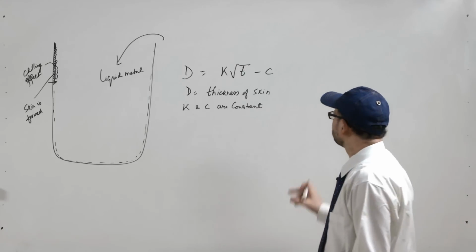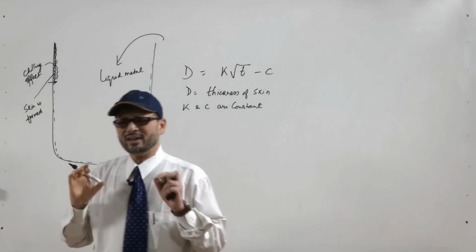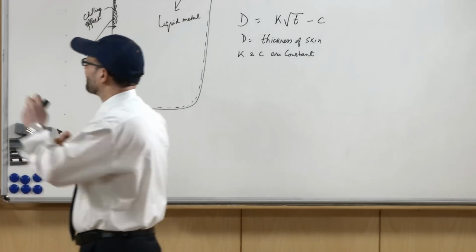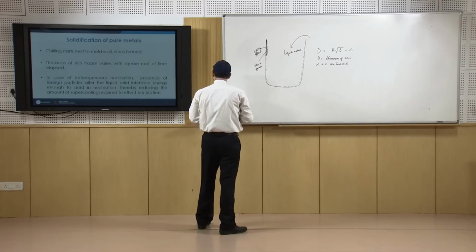Now, the values of k and c, being constants, are governed by certain factors. So, in what way are they going to be changed?